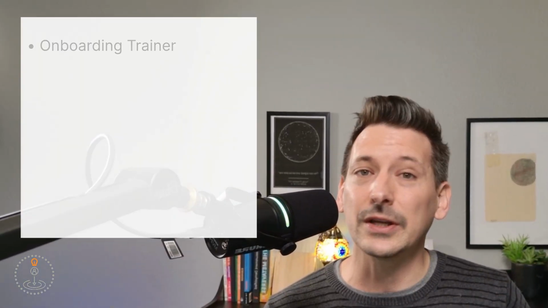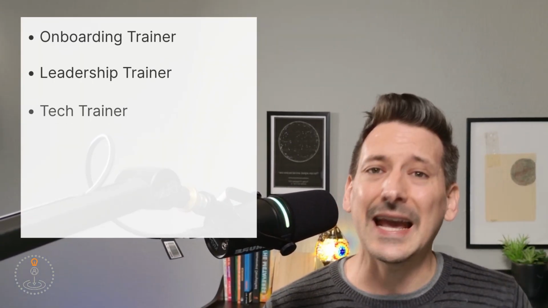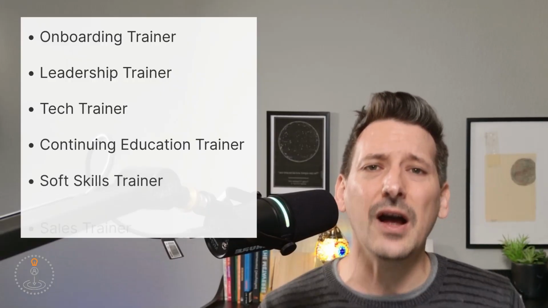Okay, now that that's out of the way, let's talk delivery trainer. These folks' primary goal is to deliver training. They can be sliced and diced into a dozen or more different types of delivery trainers, like onboarding trainer, leadership trainer, tech trainer, continuing education trainer, soft skills trainer, or sales trainer. But at the end of the day, most of their time is spent in front of the training room delivering training. And sure, they'll have some meetings with instructional designers when they get handed new content.